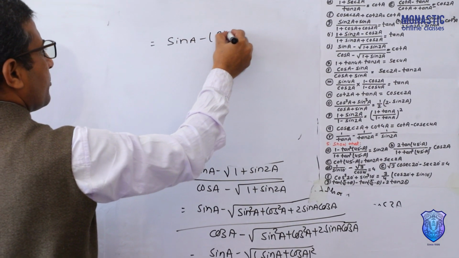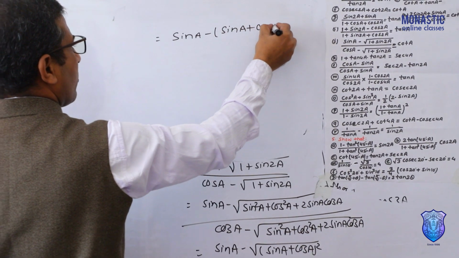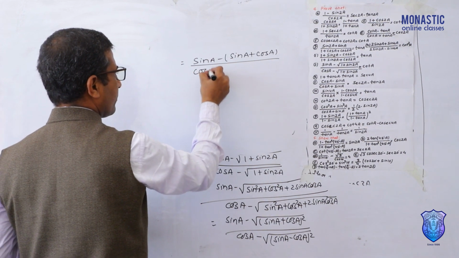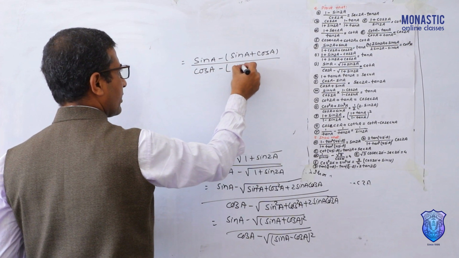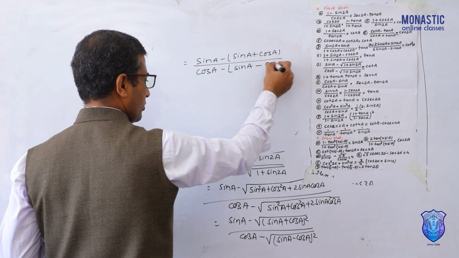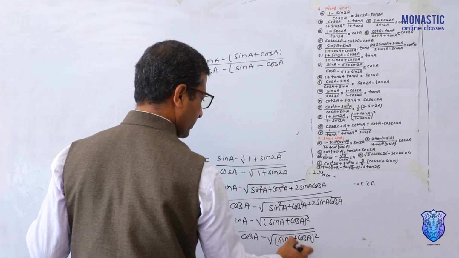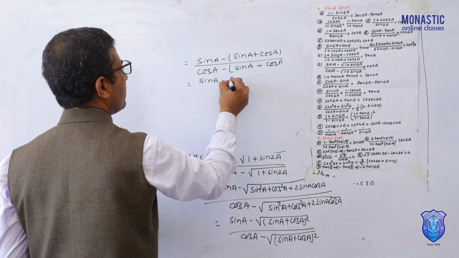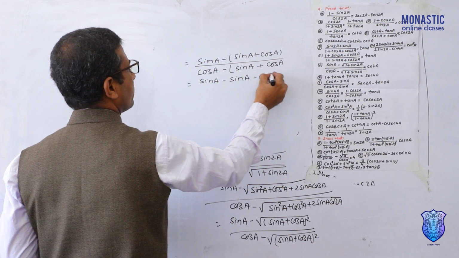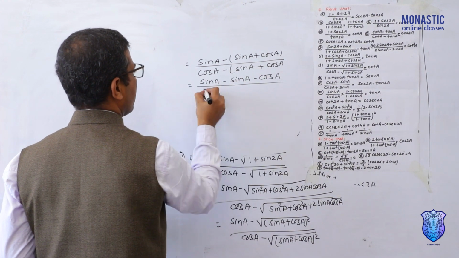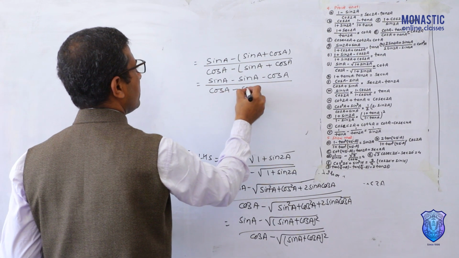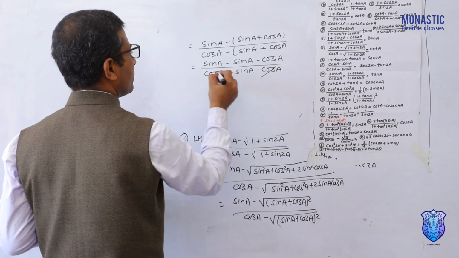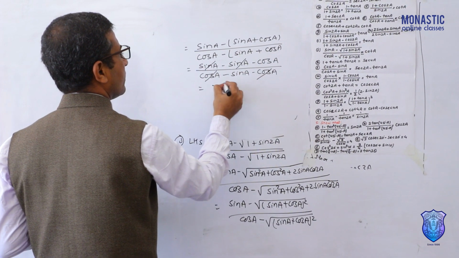It is sin A plus cos A. Down it is cos A minus sin A minus cos A. There is plus sin A minus cos A. Here it came cos A minus sin A minus cos A. Now do the simplification, cancel those.